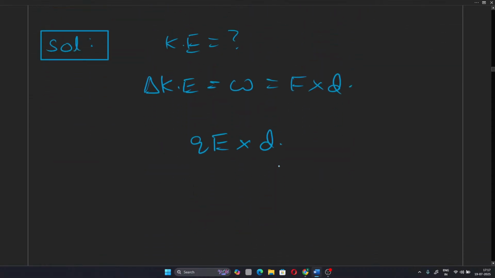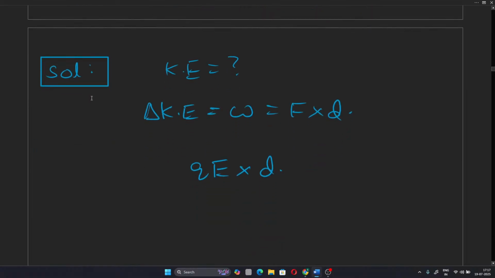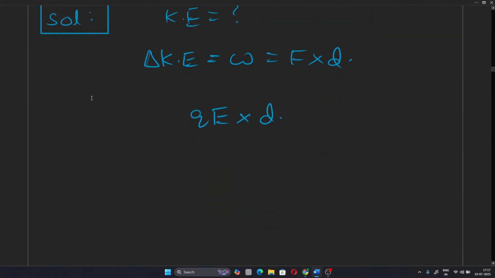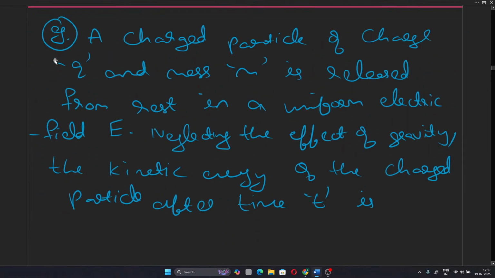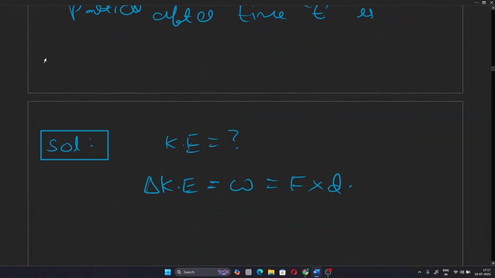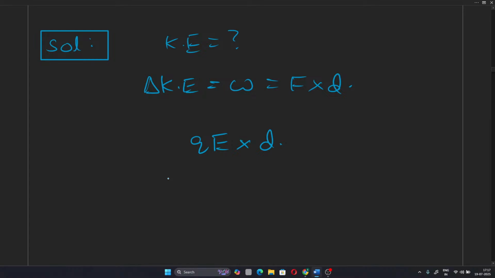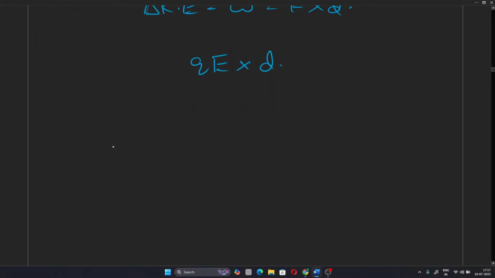But since we need to include t, force times displacement, and based on formulas of motion, S equals ut plus half at square.